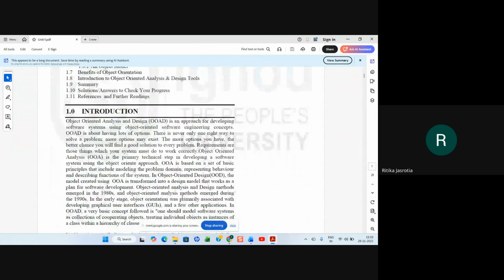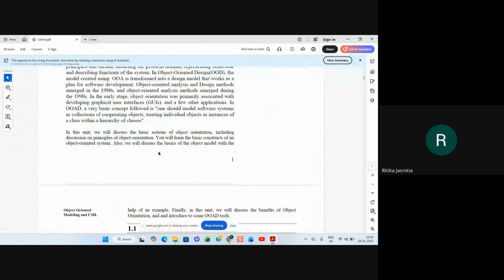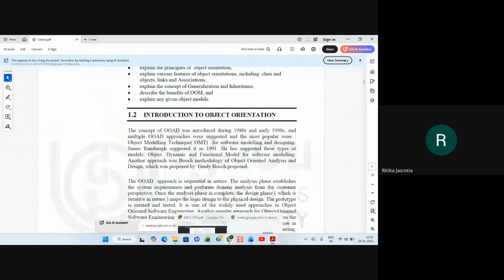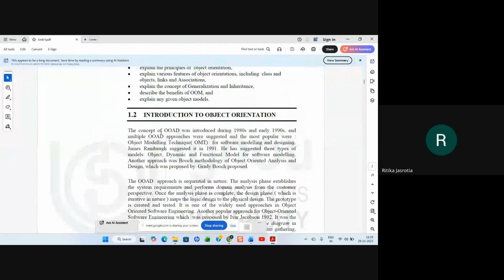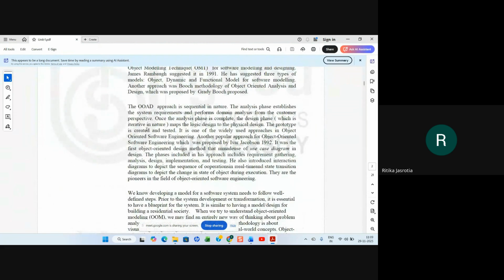These things are given. So they have asked what is OOAD and to briefly explain the advantages of OOAD, right? From here you can see they are explaining about OOAD somewhat.